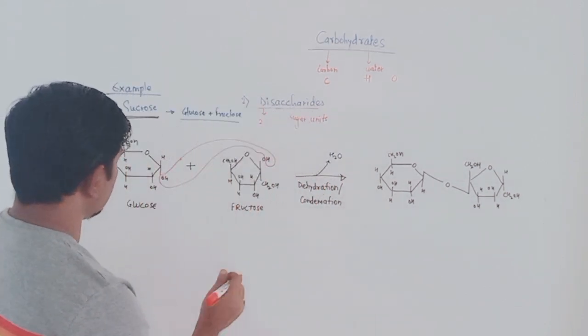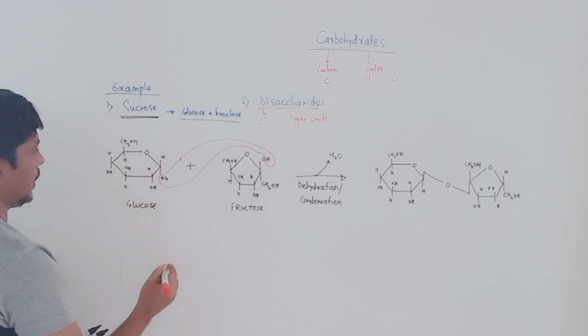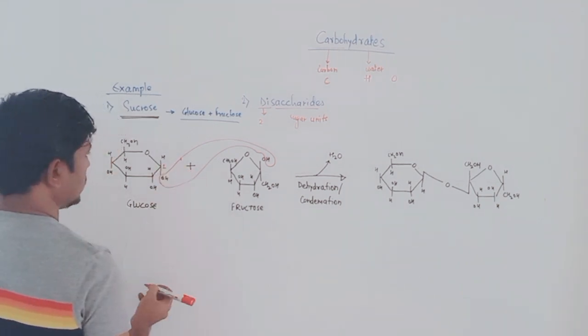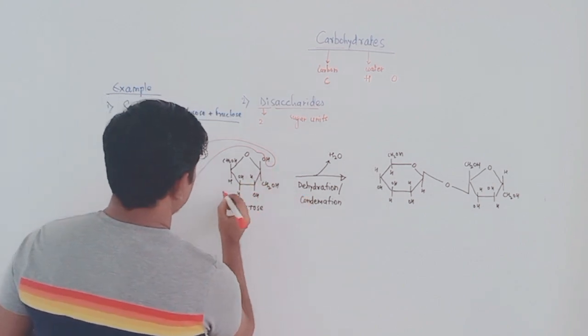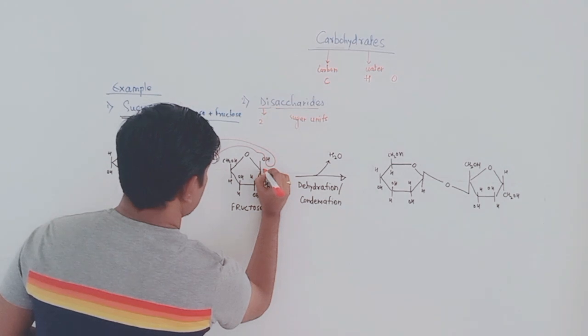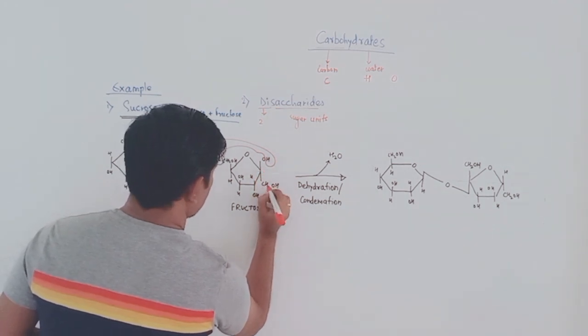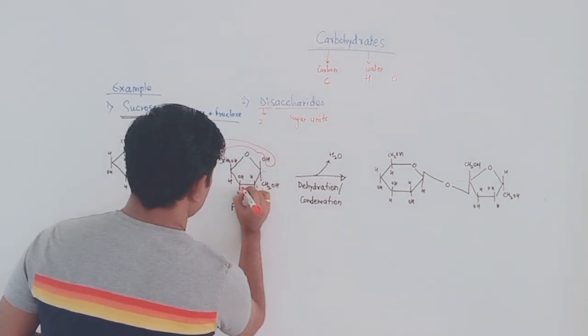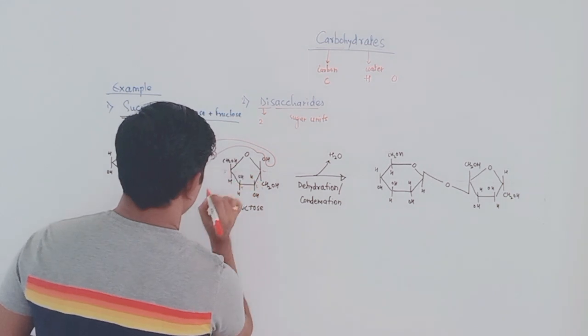Now the glycosidic bond forms here in between. This is the first carbon atom of glucose, and this is one carbon atom of fructose. This is 2, third, fourth, and fifth.